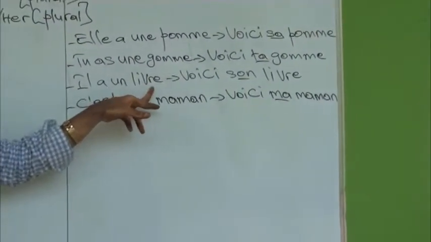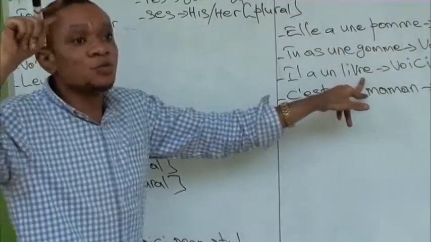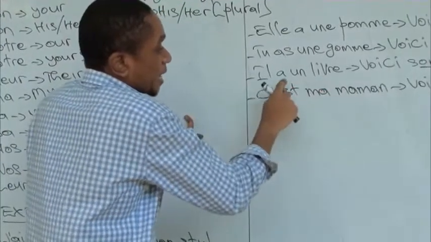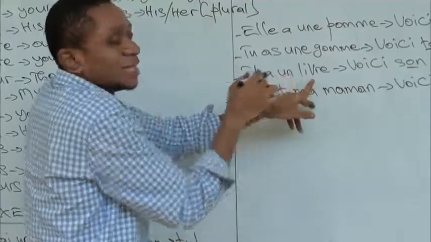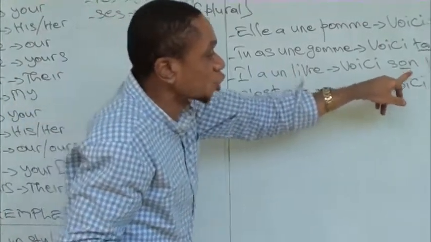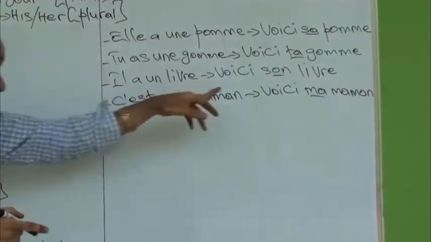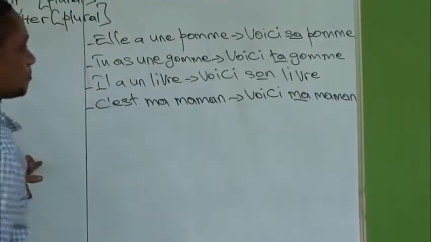Il a un livre. Remember always the verb to have. Il a means he has. Il a un livre. He has a book. Now, if you need to answer to this question, it's very simple. Voici son livre, because this book belongs to him. Okay? C'est ma maman.